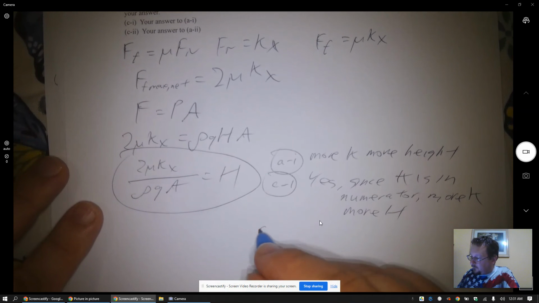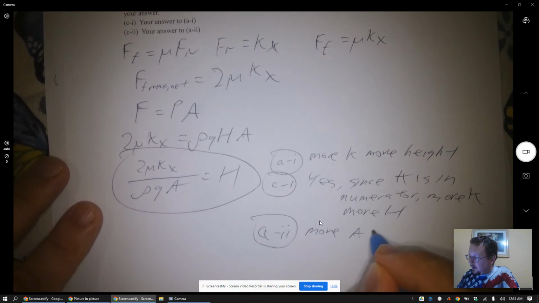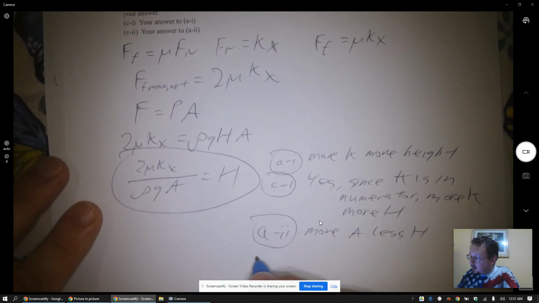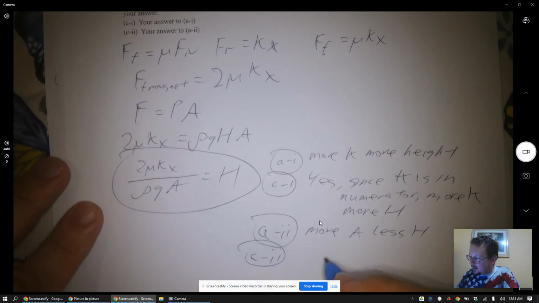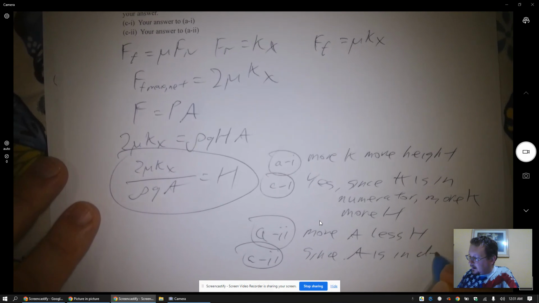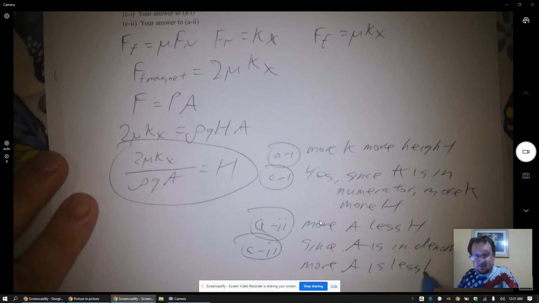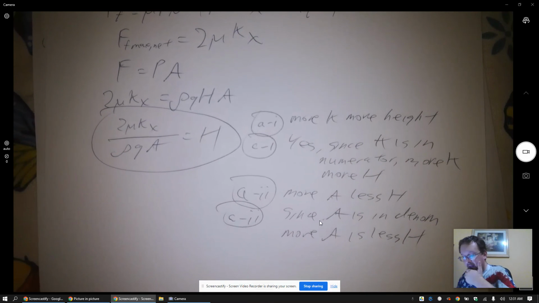And then for A2, I said more area, less height. Well, for C2, I'm going to say since area is in the denominator, more area is less height. All right, so that's the deal there.